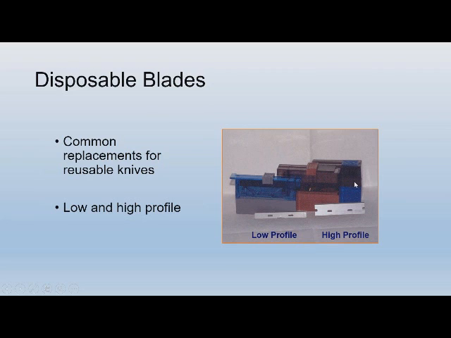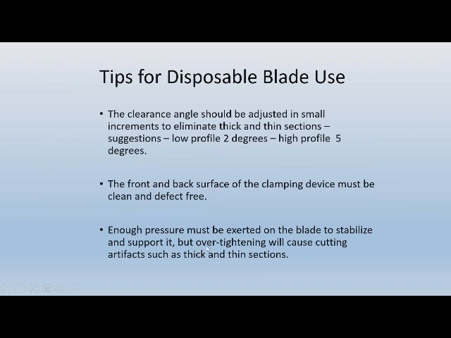You notice there's a third container back here. This is our super duper high profile thick blade that you might use for some hard material, slightly undecalcified bone, that sort of thing. Nothing like the strength of the tungsten carbide D profile blade though. So suggestions for some disposable blade use.